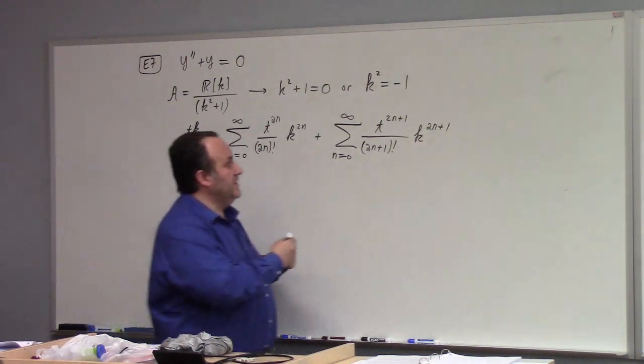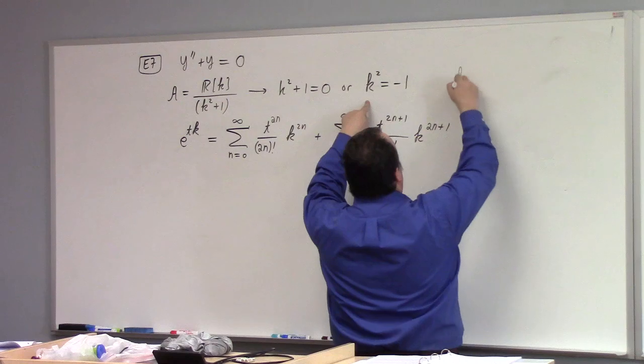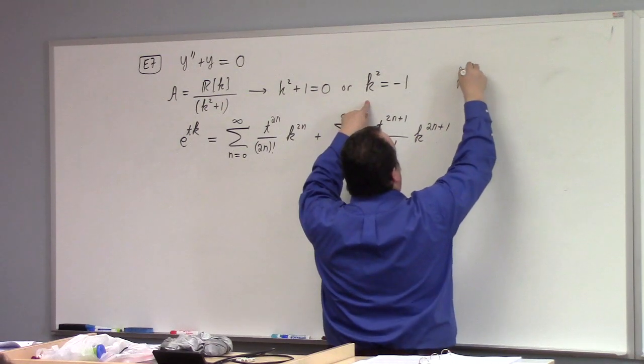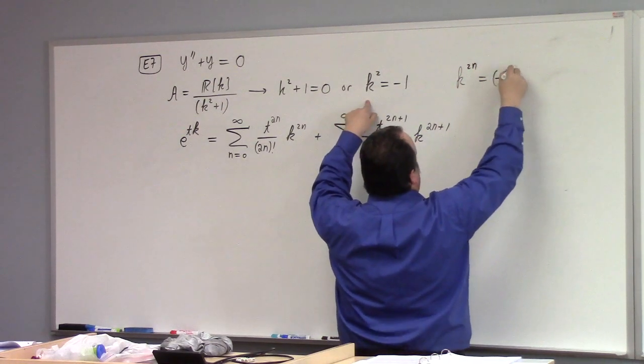Now, if k squared is minus 1, k to the 2n is equal to minus 1 to the n.